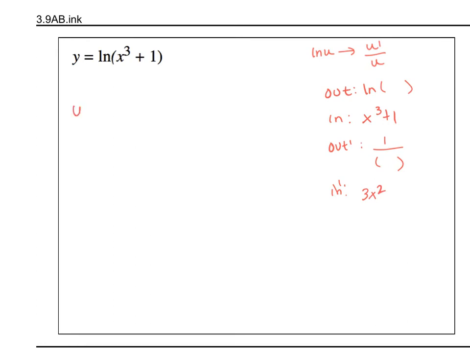So if I put my chain rule together, out prime with in original, 1 over x cubed plus 1, times in prime. Then I can put that together as a single fraction. And hopefully you're seeing that the top is my inside prime, the bottom is my original inside. The ln is gone by the nature of its derivative.